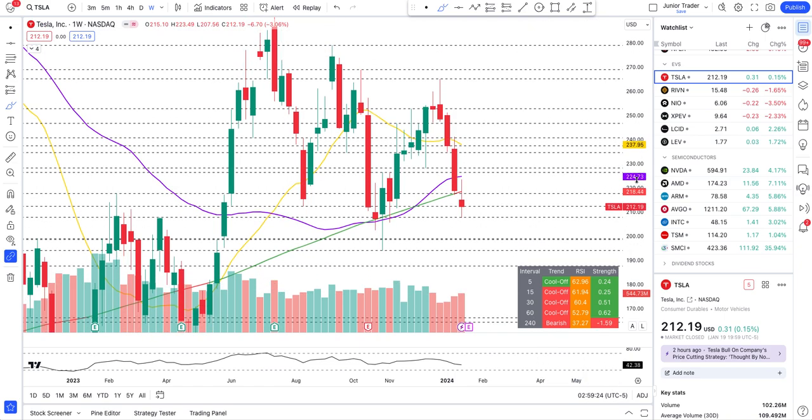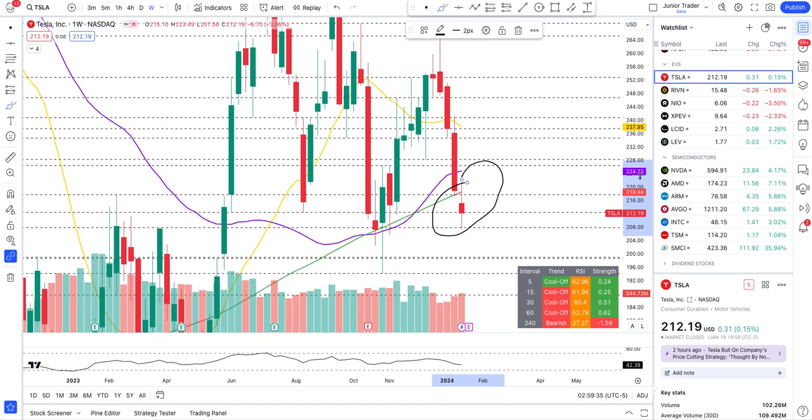What I want to point your attention to is we closed this week on Tesla below the 200 weeks moving average. Now, this is a bit of a concern. I'm saying a bit of a concern, and not a massive concern, because you will get to know that soon enough as I show you some data.